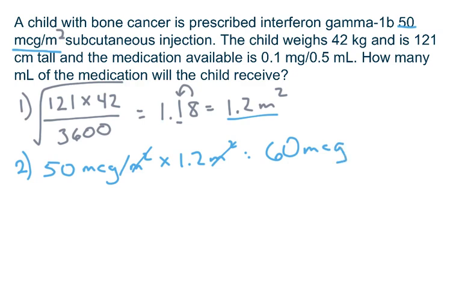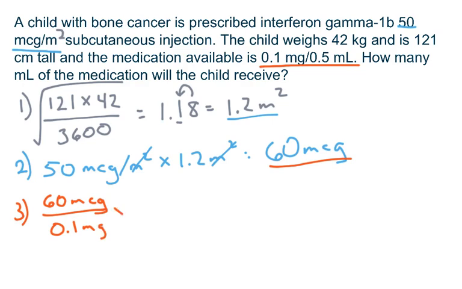Now the third step is the dosage problem, based on what is ordered for him specifically, which is 60 micrograms, and what you have on hand, 0.1 milligram per 0.5 milliliters.